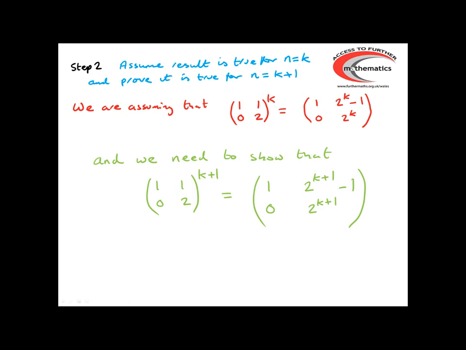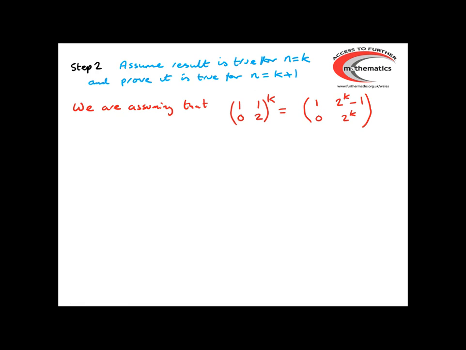Now it is a very good idea to have this matrix here as a target matrix. That's what we're trying to show that (1, 1; 0, 2)^(k+1) is equal to. So that is our target matrix as we perform step 2.